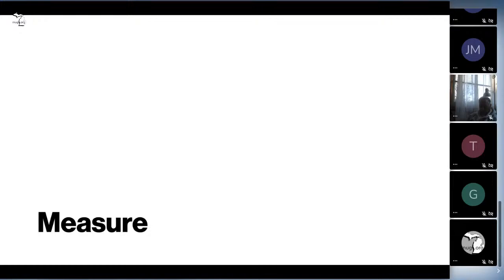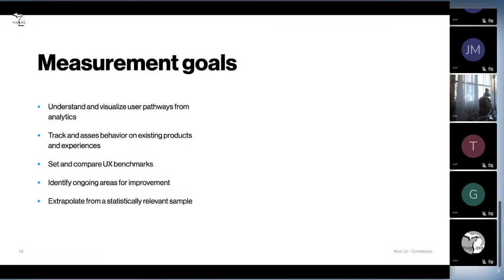So if we pivot to that third method that I talked about, measuring, in this case, we're really trying to understand or visualize different patterns through analytics. We're often also setting and comparing benchmarks.